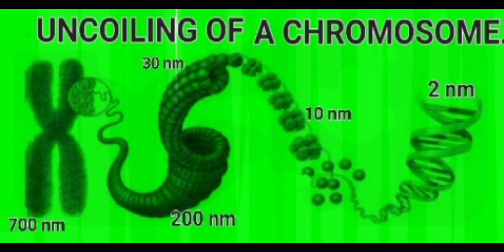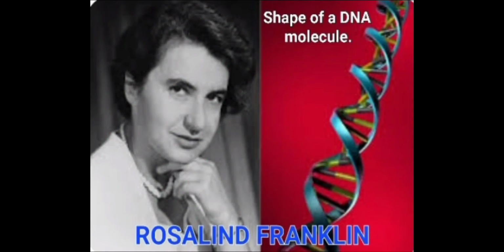In this context, we have several names of scientists who have worked to find out the structure of the DNA. Rosalind Franklin was the first to give the shape of a DNA molecule in the year 1953. Unfortunately, she was not awarded the Nobel Prize for the structure of DNA.